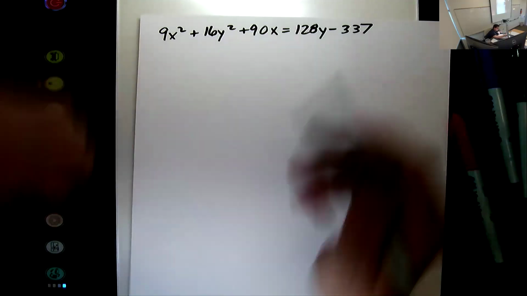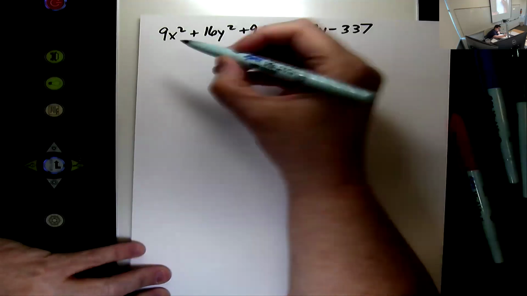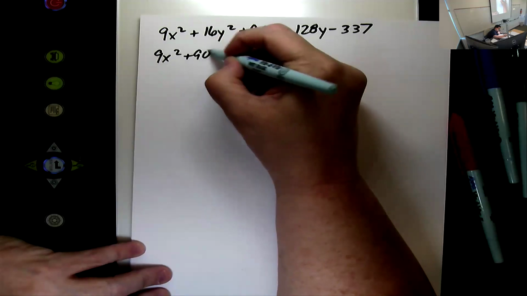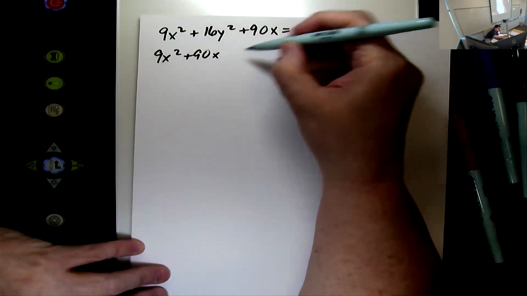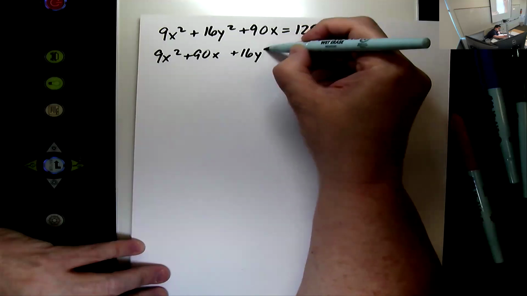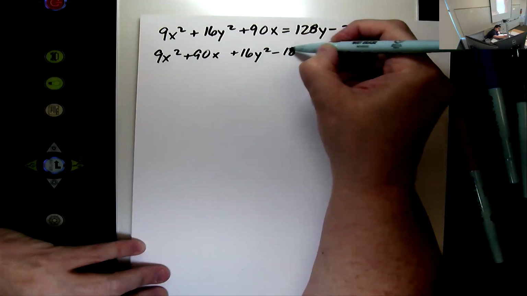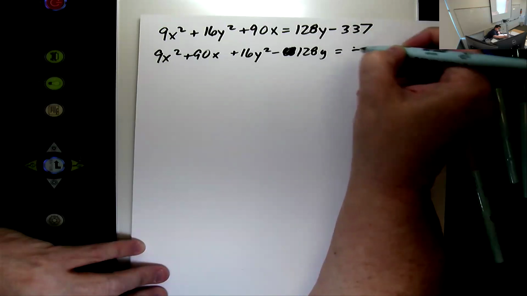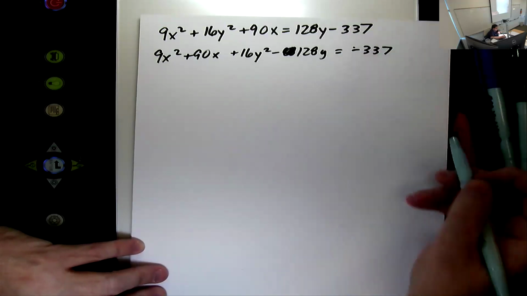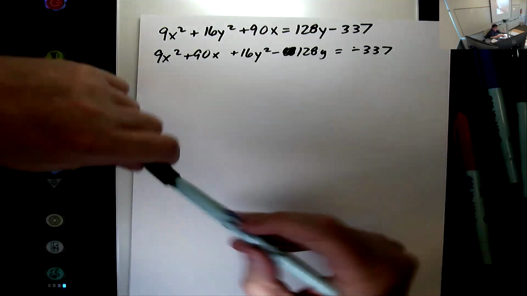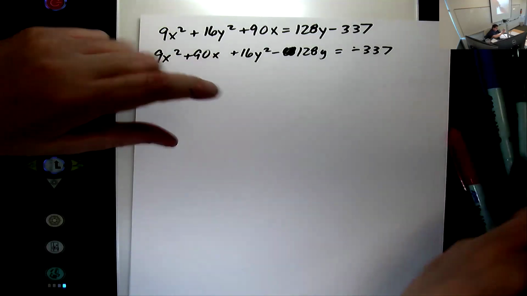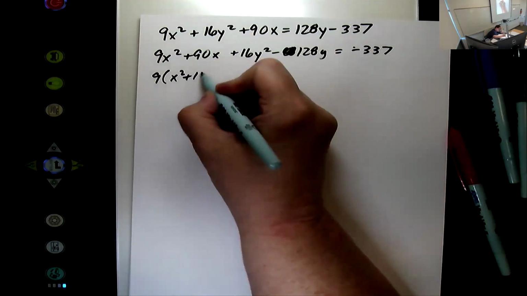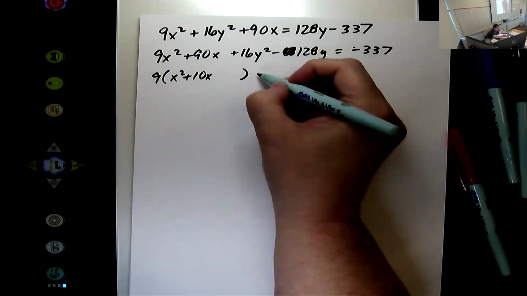So I'm going to start off by moving that 128y over to the left. And at the same time I'm going to sort a little bit, put the x's together. And then I'm going to factor out, leaving space.